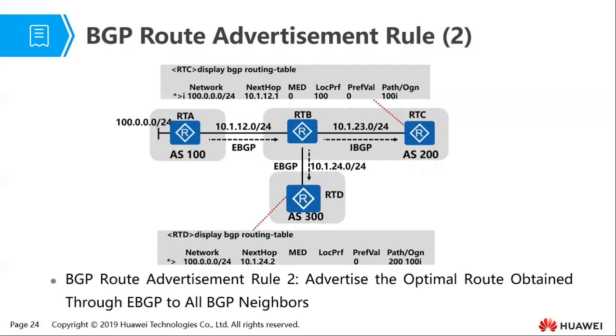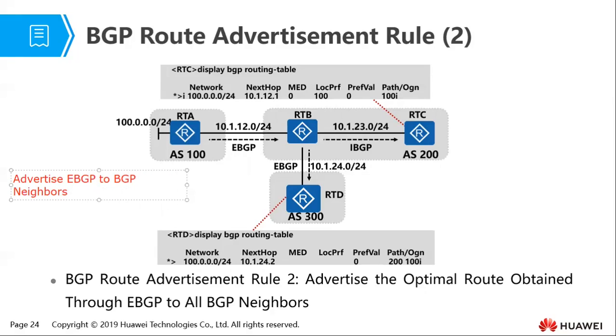Now what that means is that a BGP router advertises the optimal route obtained through EBGP to all BGP neighbors.